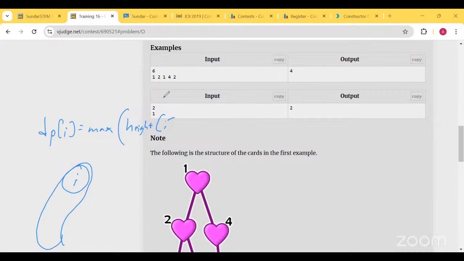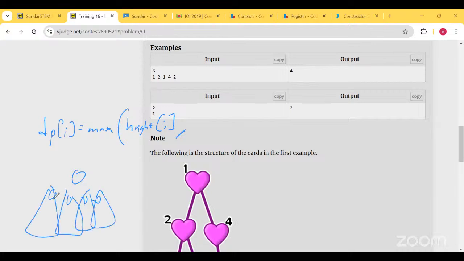Alright, the height, not the depth. After that, the second case is when we don't take i. It means i is free, so we can take the maximum for each child, right?